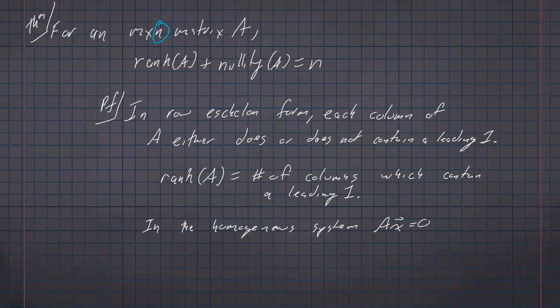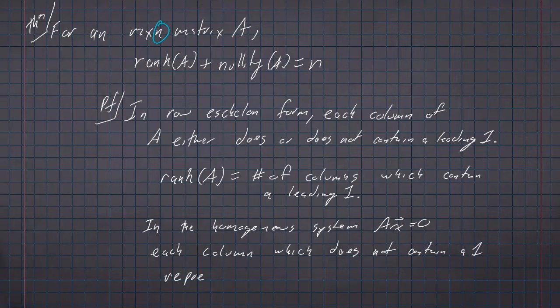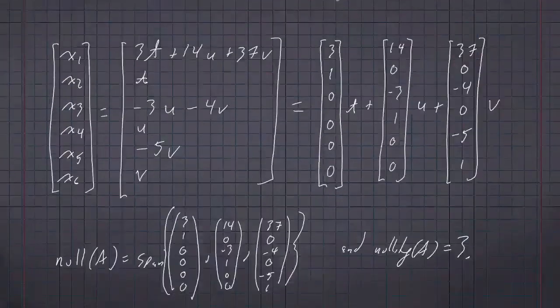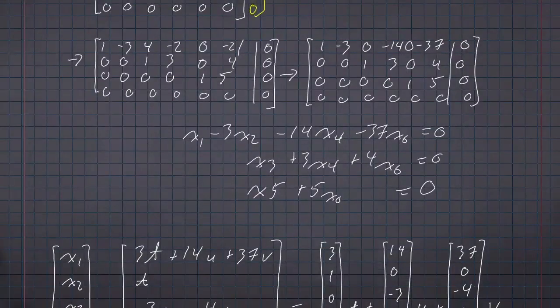Right, so in the homogeneous system AX equals 0, each column which does not contain a 1 represents a free variable. If I scroll up to the solution I just came to, I looked at my 6 columns.